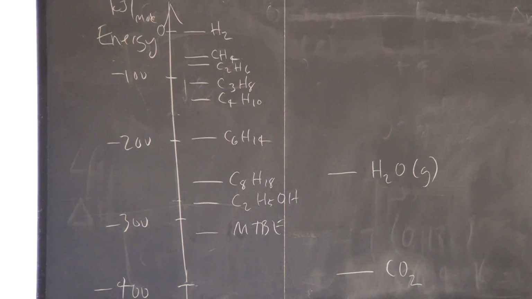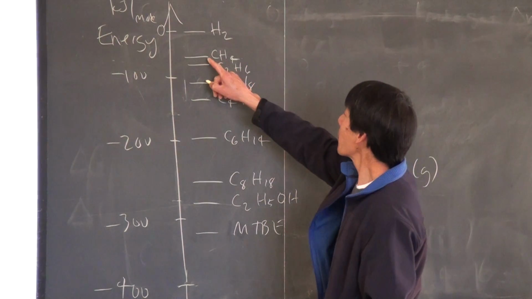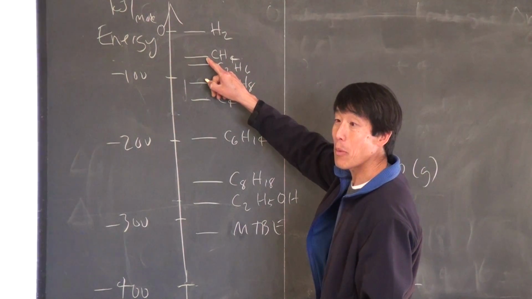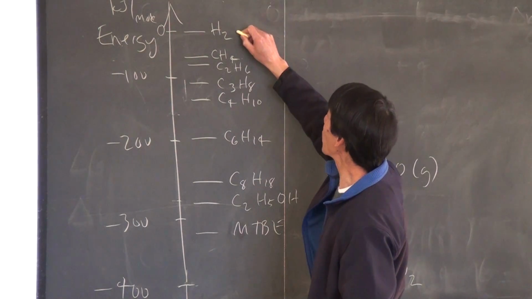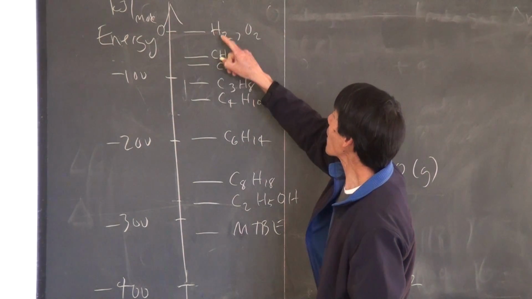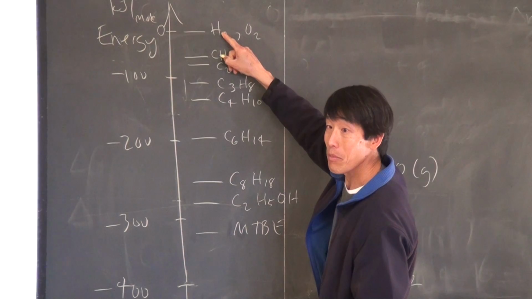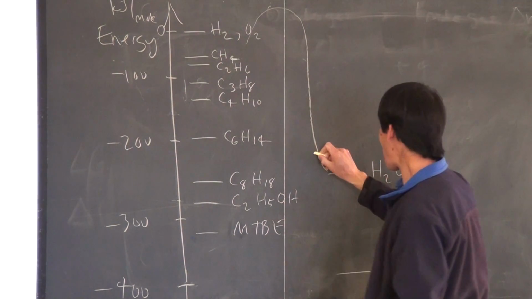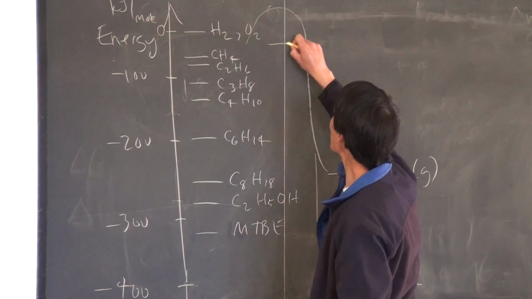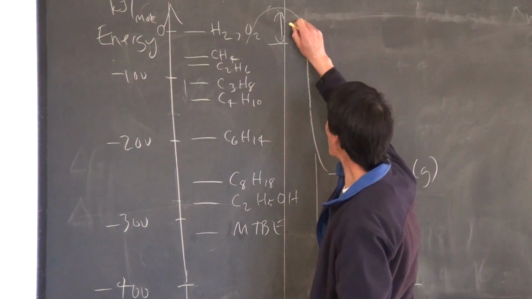So for example, let's say you're doing the methane combustion reaction. Okay, so the methane reacts with oxygen, so this is also oxygen up here. It's got to go through our, what did we call this before? That's their activation energy.